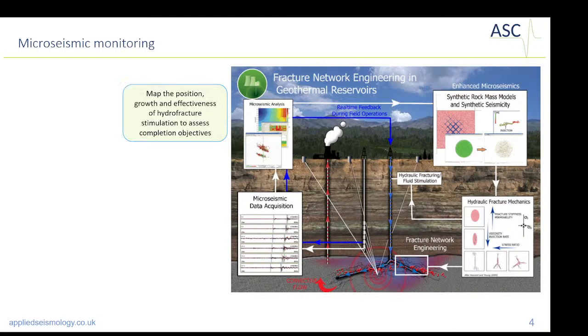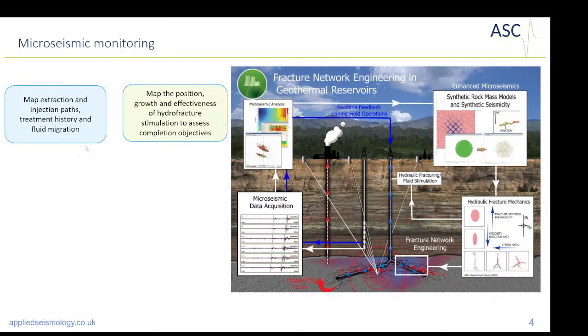Right, so what is the main outcome? What's the main result from microseismic monitoring? Well, basically it's mapping. It gives us a map of the position of events, the growth and the effectiveness of the hydraulic fracture stimulation, basically to assess the completion objectives.